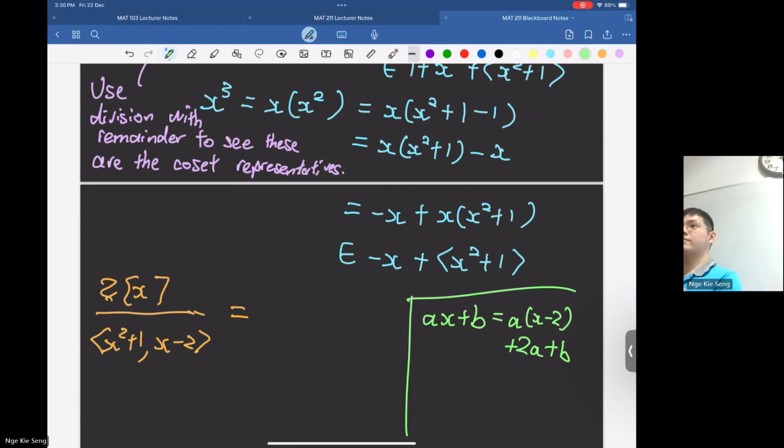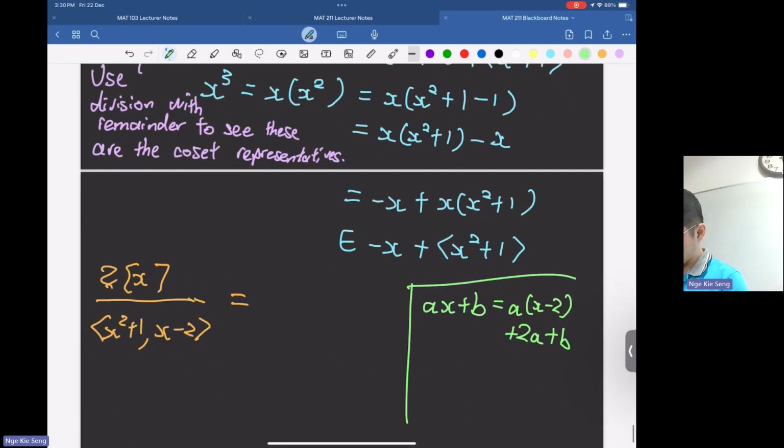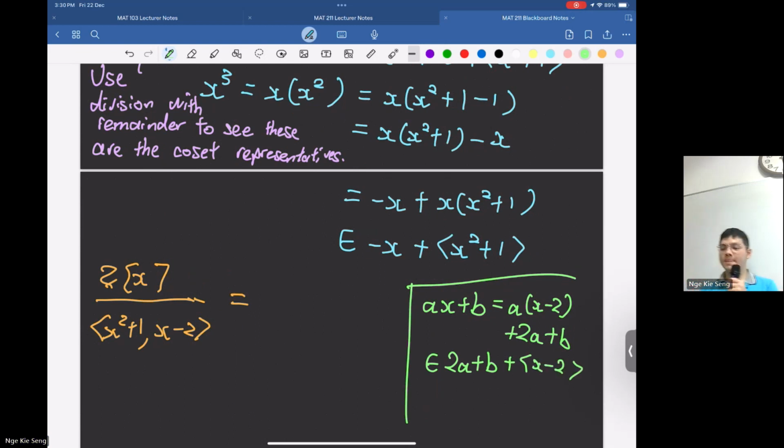Correct or not? So I can reduce a polynomial ax plus b into the form 2a plus b. So this ax plus b lives in the same coset as 2a plus b, plus a multiple of x minus 2. I think that's all I can do.